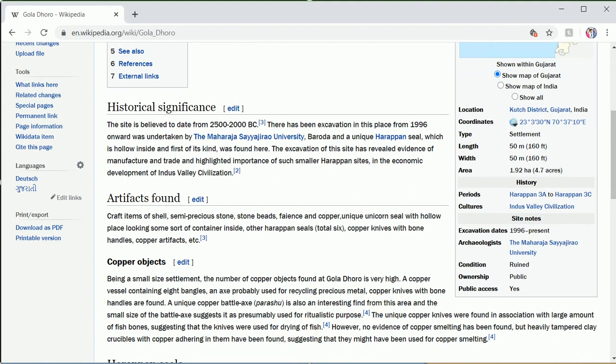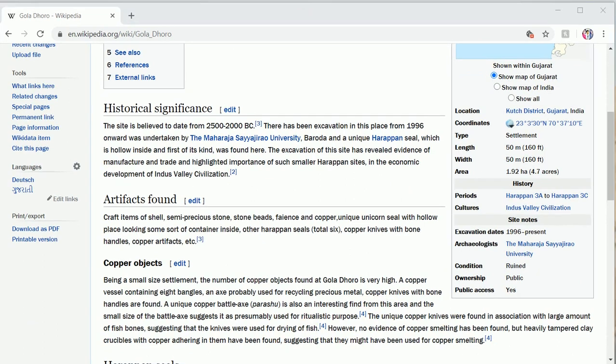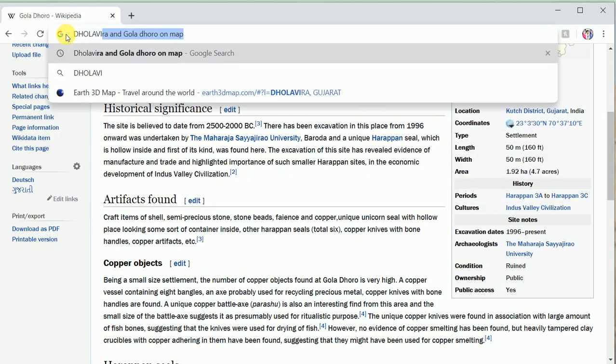Let us move on now to other topics. Okay. So if you are now here, let me search other things as well. Dholavira, sorry, Veera.